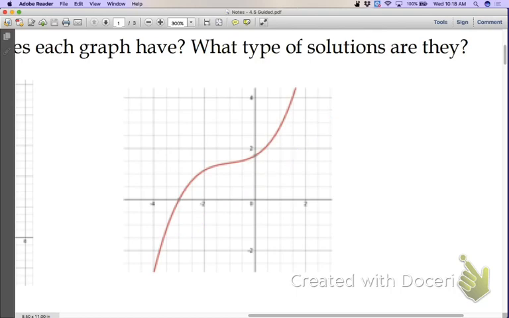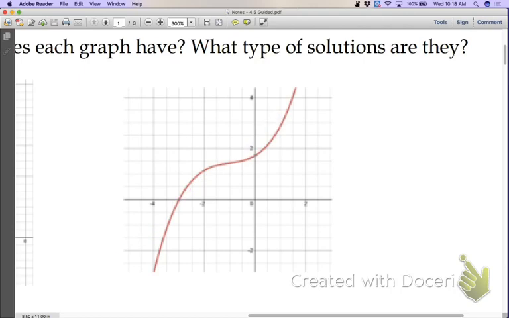So since it has curve to it, it's going to have more than just the one solution. It's going to have at least 3. We're going to go with 3 as the number that we're going to have.